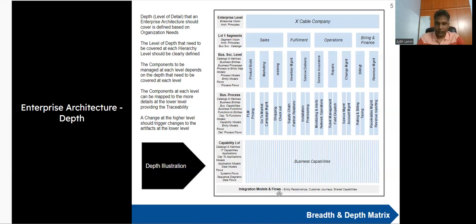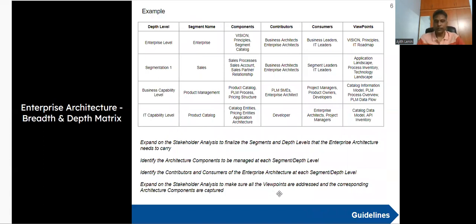Let's go into the next piece, which is the deliverable out of this whole exercise. I'm calling it the breadth and depth matrix. This is a key deliverable when we look at the breadth and depth layers for the framework. We should be able to capture the depth and the segments as a matrix, where at each depth and breadth level we can define what components we are capturing, what the different enterprise architecture components are, who the contributors are at that level, who the consumers are at that level, and for those consumers, what viewpoints they are looking at.